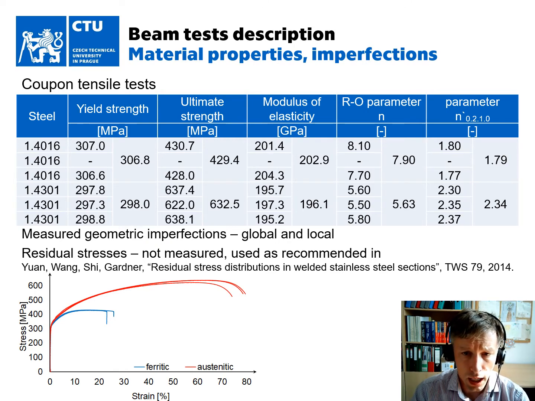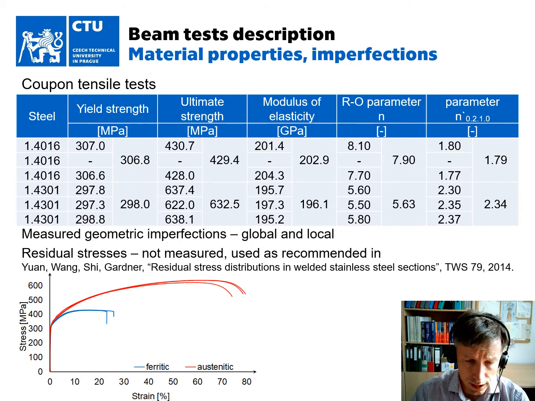Of course, material properties were measured. Beams were fabricated from ferritic steel and austenitic steel. So the blue curves are for the ferritic material, the red curves in the diagram below are for austenitic steel grade.